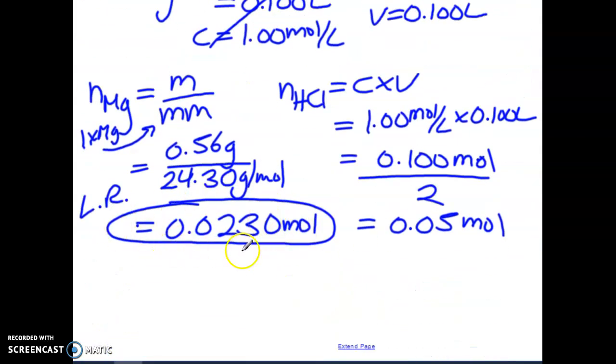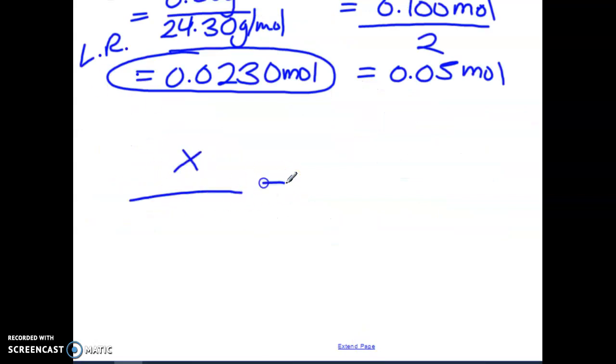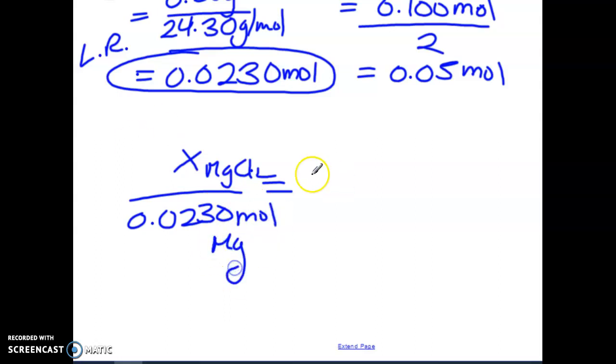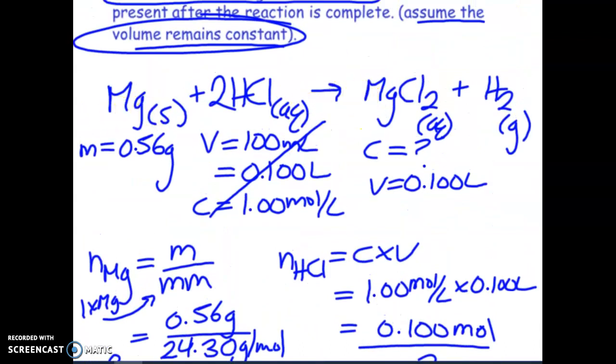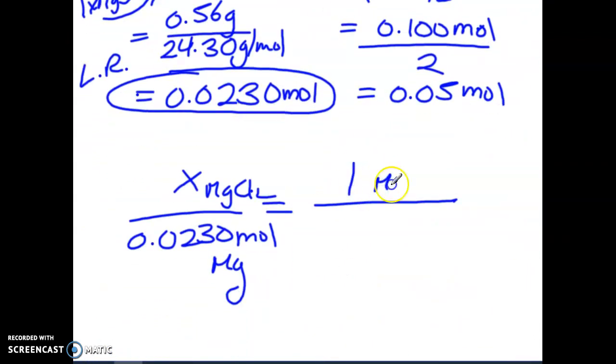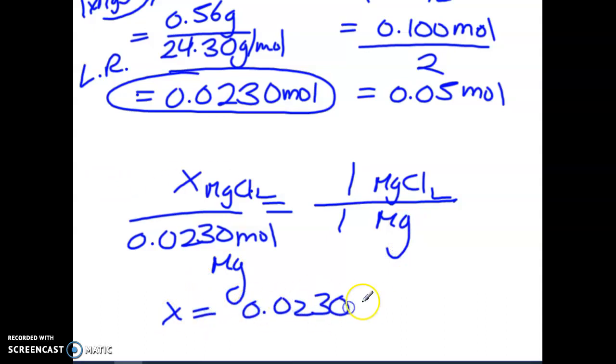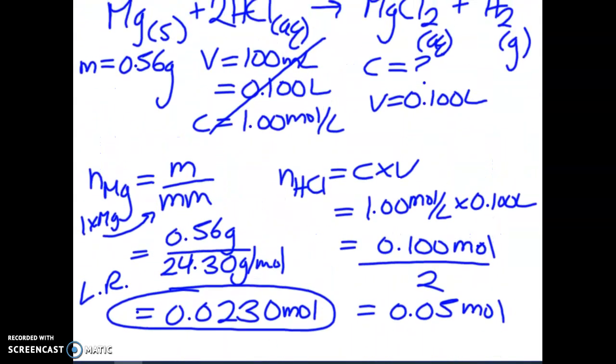So now that we know this is our limiting reactant, we're going to use our mole ratio. So we want magnesium chloride. We have moles of magnesium. Okay. So in top here, right, we're going to have our coefficient. So it's actually 1-to-1. It's a 1-to-1 ratio. So X ends up being the same number, but now it's for magnesium chloride. So we want to solve for concentration, and we're given the volume.